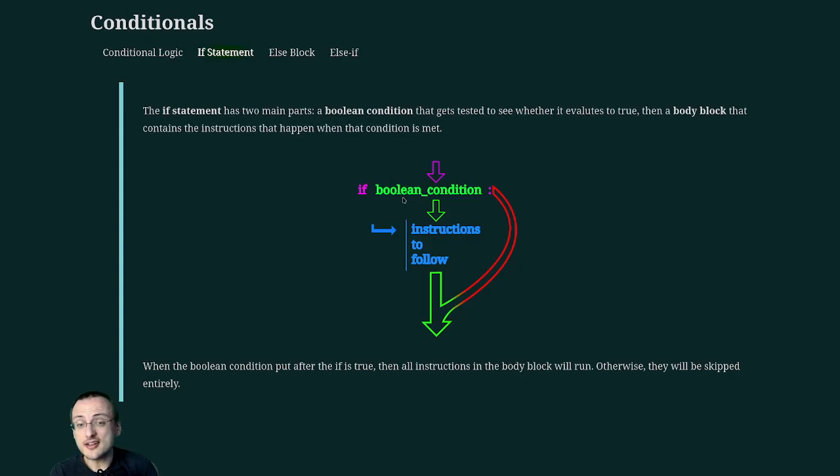So in Python, we represent a block with indentation, much like when we're writing a function and we have to say all the instructions that are part of this function get indented. In the same way, all of the instructions that should happen when our Boolean condition is met will all get indented, pressed in a little bit, so that the computer can recognize, well, where is the rejoining point?